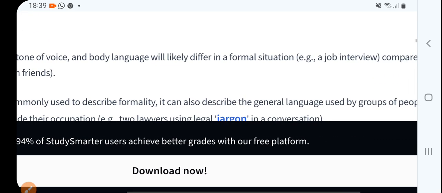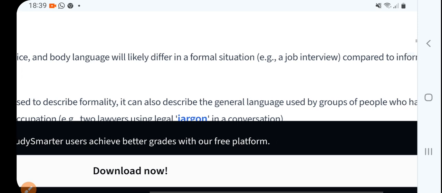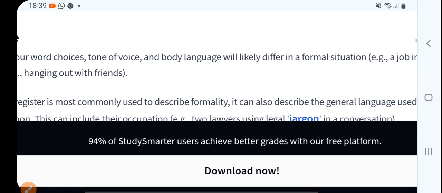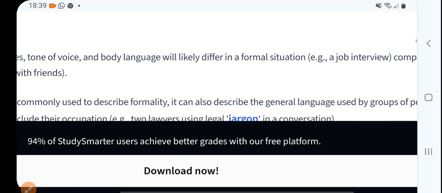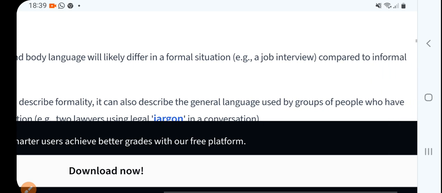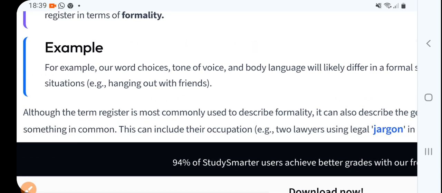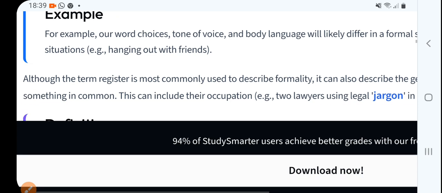For example, if you are sitting for a job interview, your choice of words, tone of voice and body language will be very formal and very different compared to an informal situation, when you are talking to your friends, right? When hanging out with friends, your body language and choice of words, everything will be different.